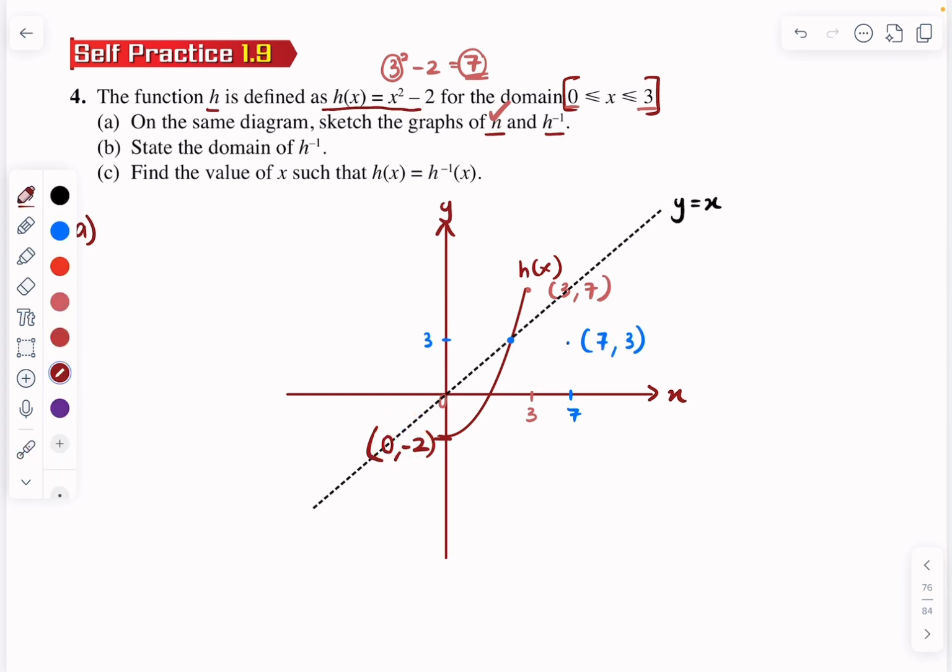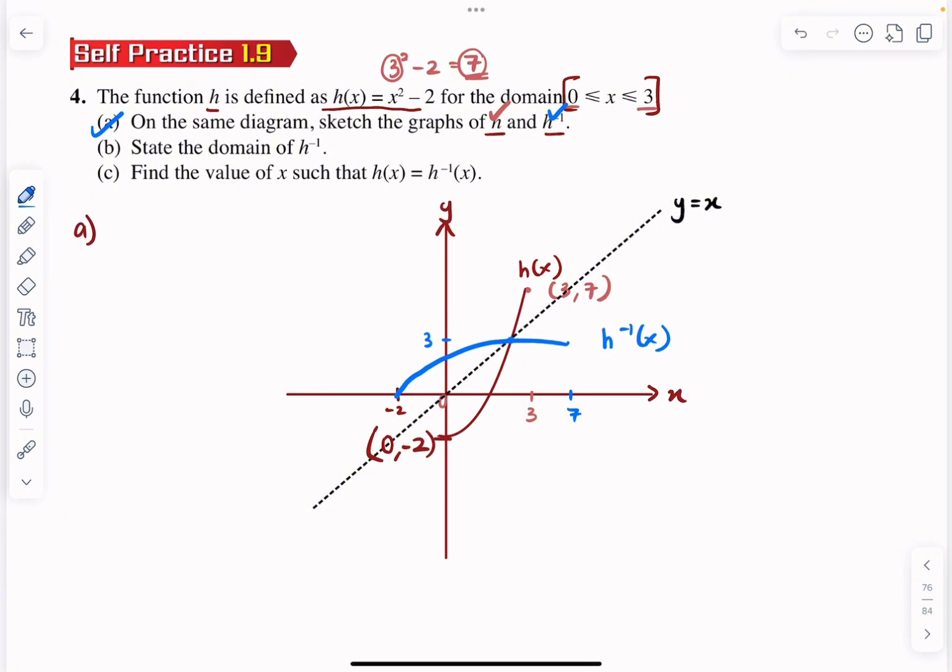So (-2, 0) will be somewhere here. So our graph will be something like this. This is the reflection of h(x). So this is now h inverse x. Done.